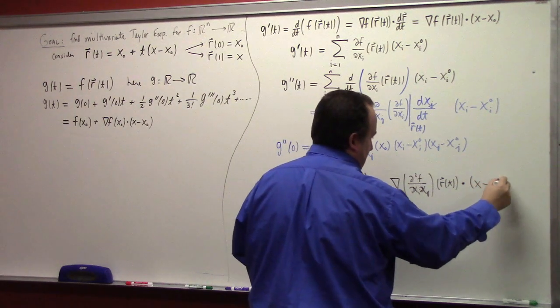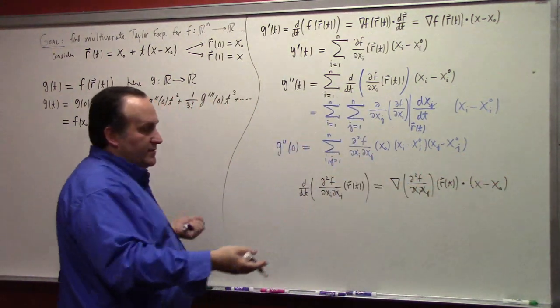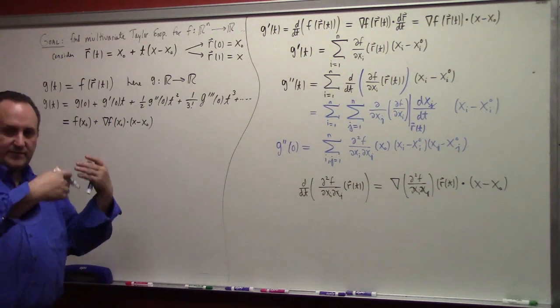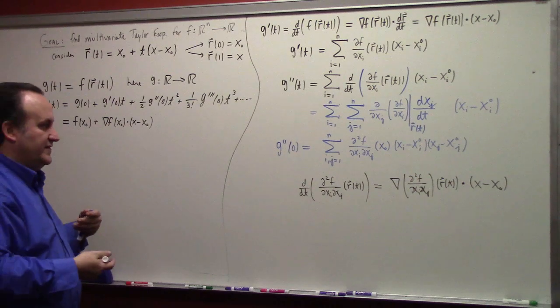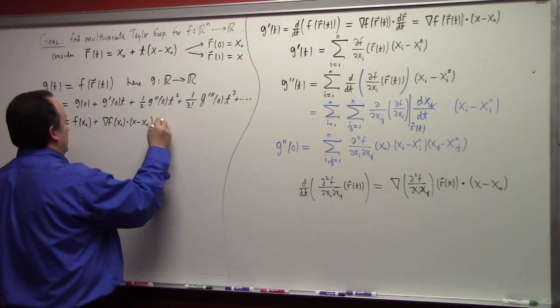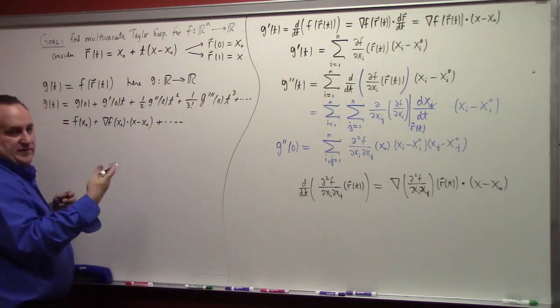It's that same chain rule every order. So every time we're just partial differentiating, partial differentiating, and you start to see the pattern. So let me just say what this is going to come to.